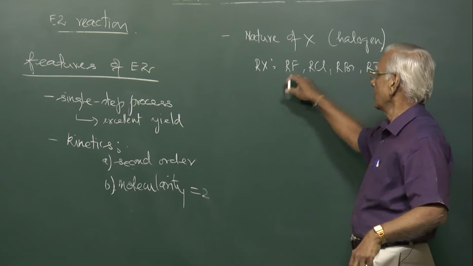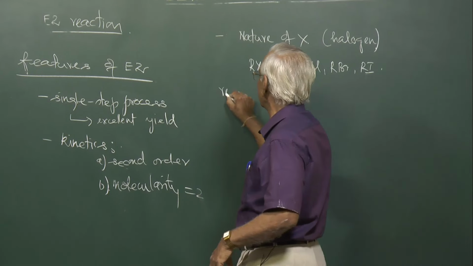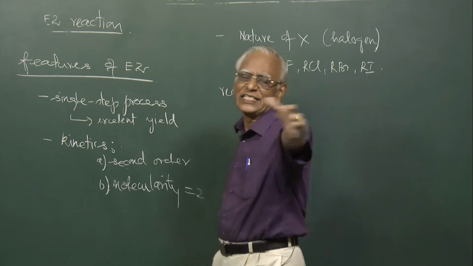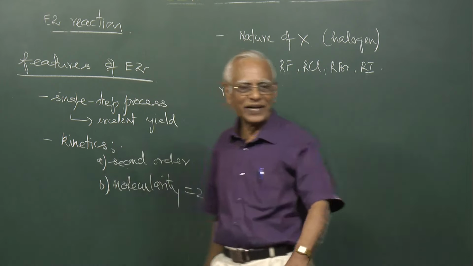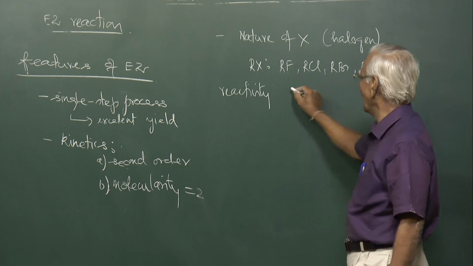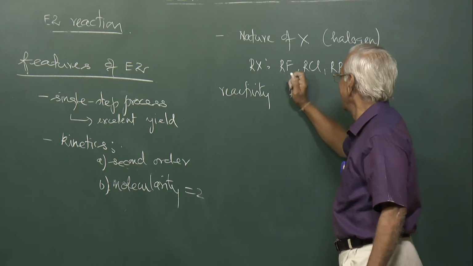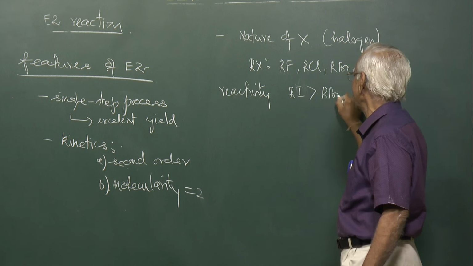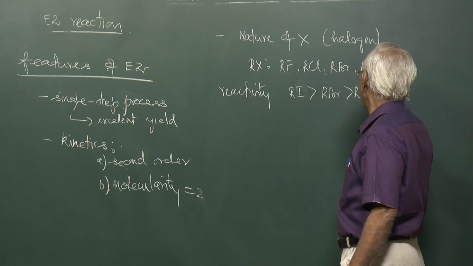Therefore, what should be the reactivity? Now tell me, that could be another very simple question for NCERT as well as the main examination. Reactivity of alkyl halide: alkyl iodide greater than alkyl bromide, alkyl chloride, alkyl fluoride.